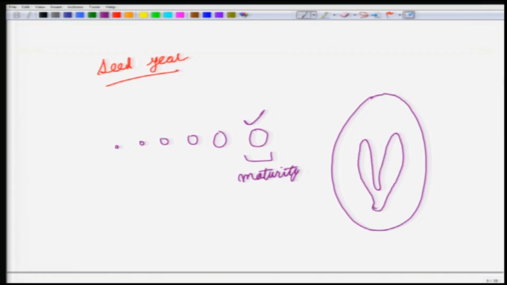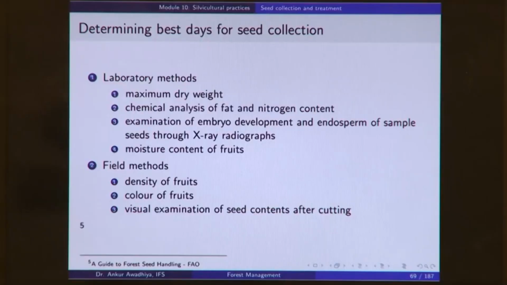So, the barium chloride will not be able to reach into these areas, but the barium chloride will be able to reach into these areas. So, in that case, once your seeds have been soaked in this barium chloride solution, then you can take these seeds out, do an X-ray scan of them, and with that you will be able to see what is the size of your embryo. So, if the size of the embryo is good enough, if you see that the size of the embryo is what it should reach at the time of maturity, then you will say that now the seeds are mature enough and it is a good time to collect them.